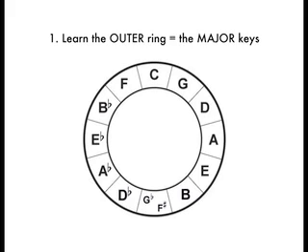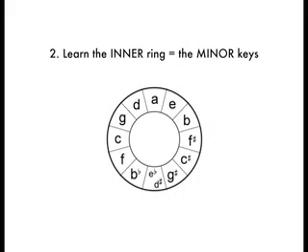More on that later. For now, just learn this diagram. Memorize it. Make sure you've learned every symbol and that it's oriented exactly like this. C is at the top. Make sure that you can reproduce it entirely, absolutely accurately from memory. Once you've mastered that, you can move on to the inner ring, the minor keys.